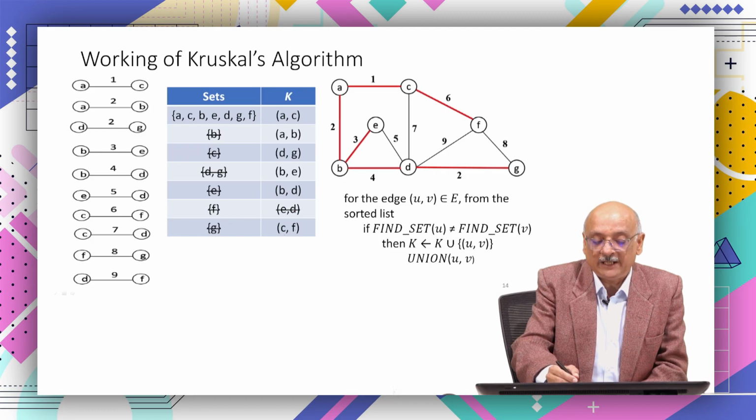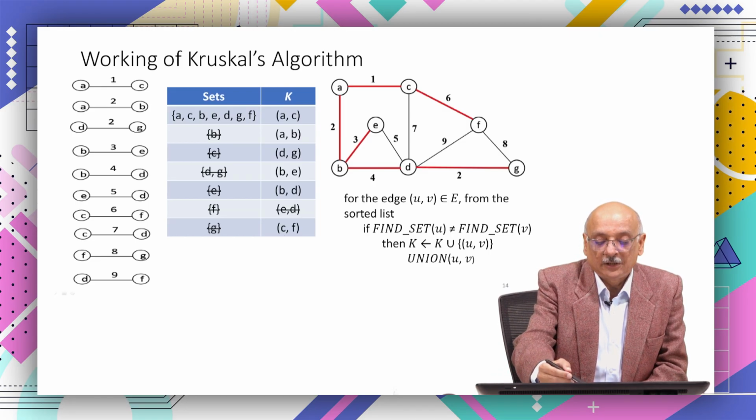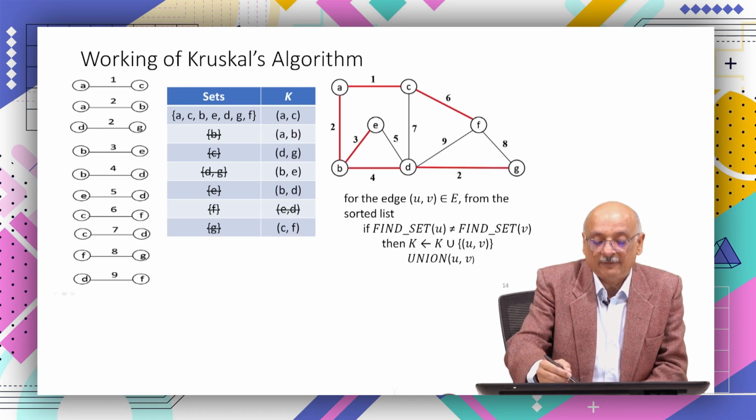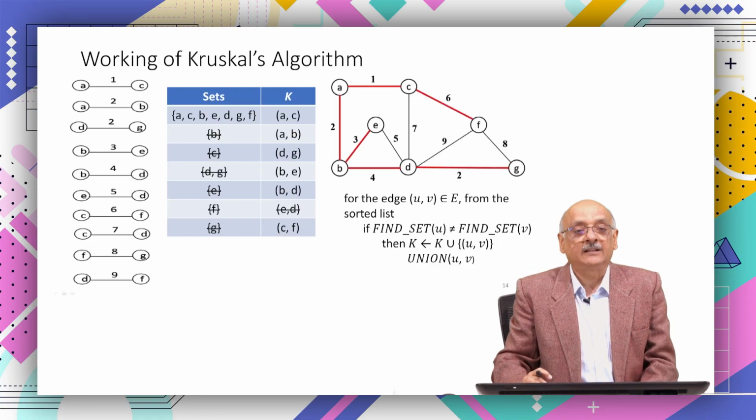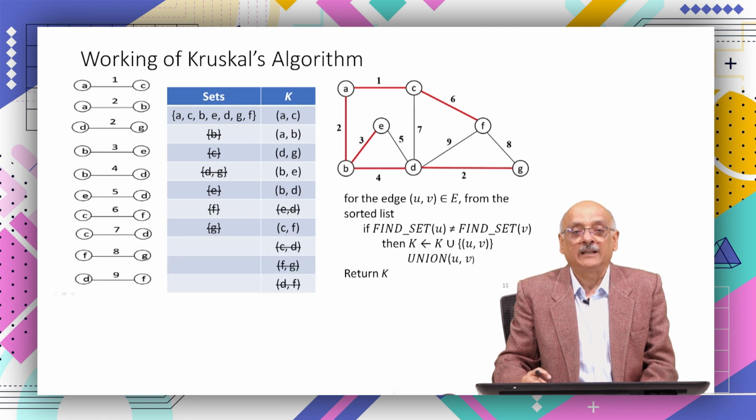Now CF will be added. So CF has been added, and we had 7 nodes and we already have 6 edges. We can simply stop this algorithm. Now we have obtained the minimum cost spanning tree.